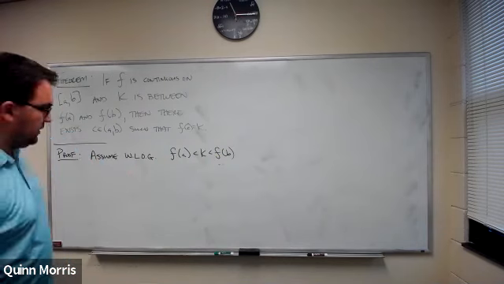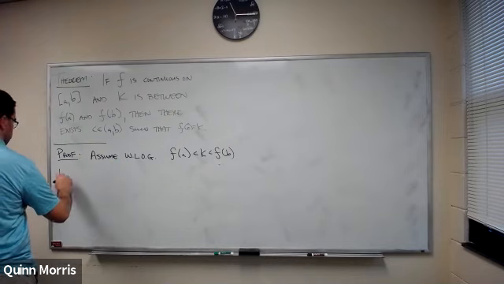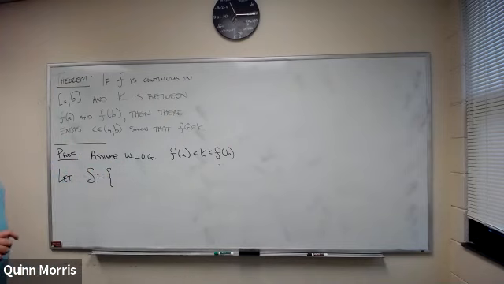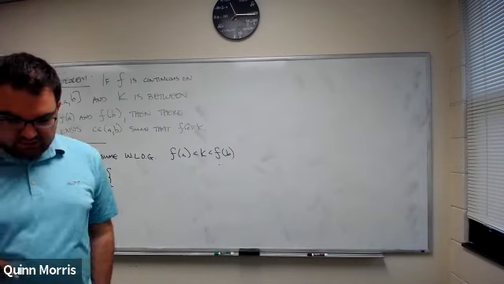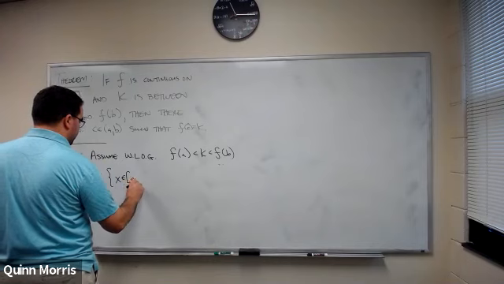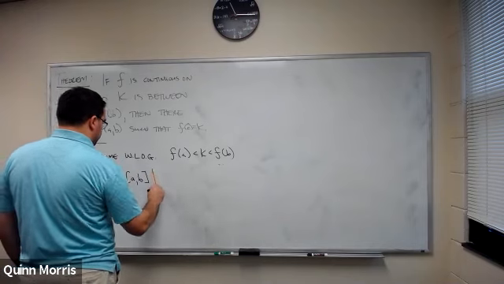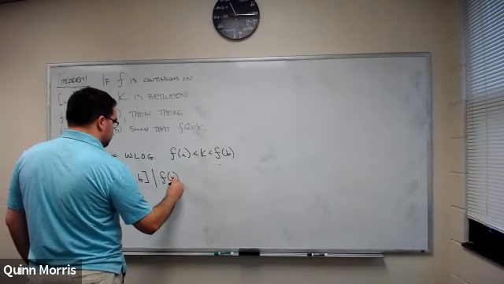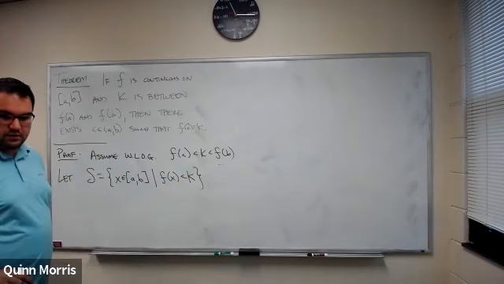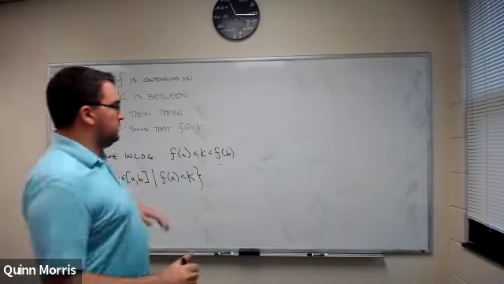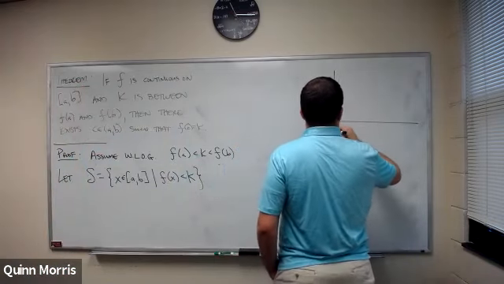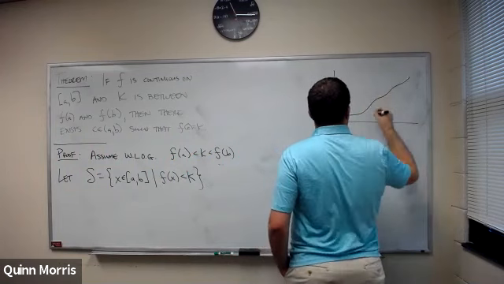Okay, and now I'm going to let S be a set. S is going to be a subset of my domain. So it's going to be all the things in my domain such that f(x) is less than this k value. Again, maybe have a picture to go along with the proof. I have some function, maybe it looks like this.